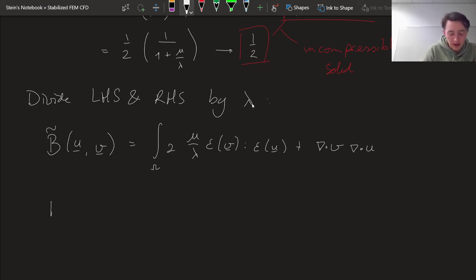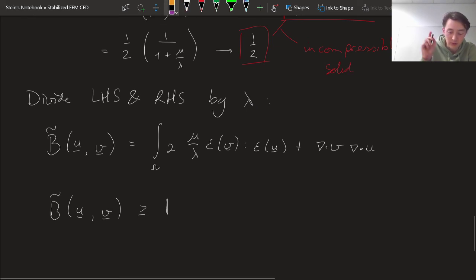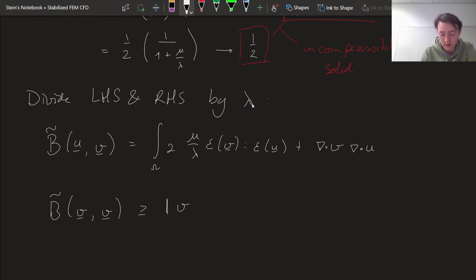So what we want is that b(v, v), if I substitute the same function in both slots, is larger than or equal to the norm of v squared in the relevant norm times c, where c is larger than 0, and that has to be true for all these functions.